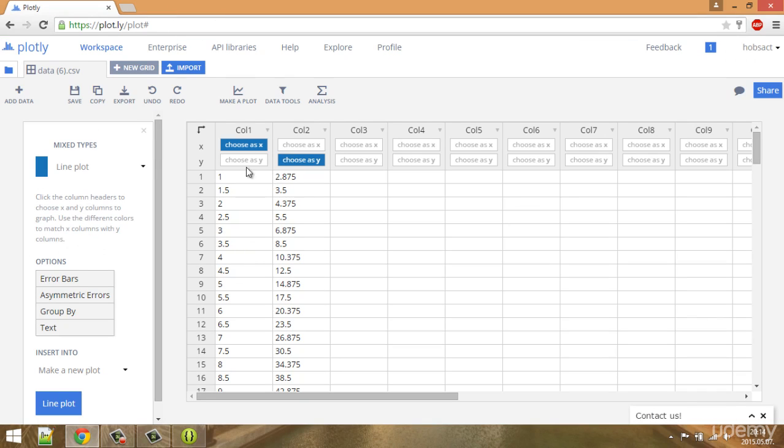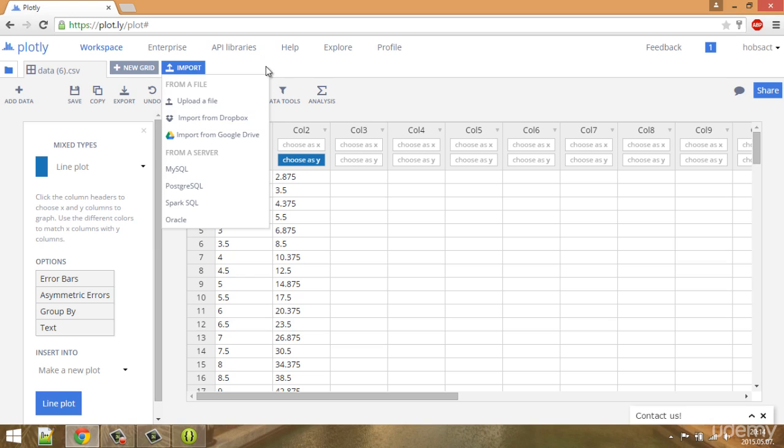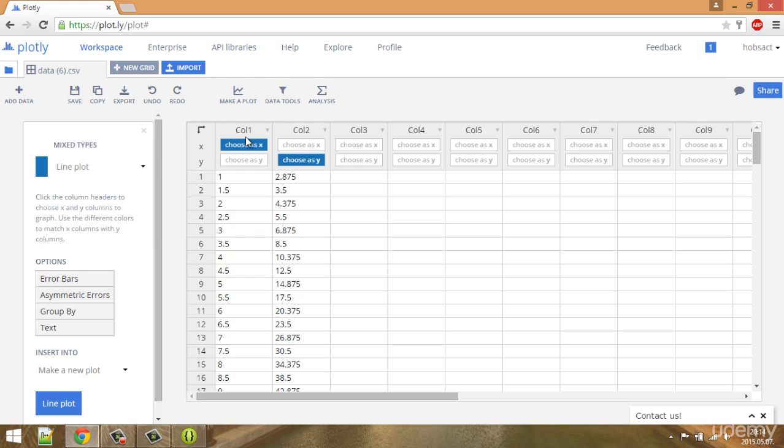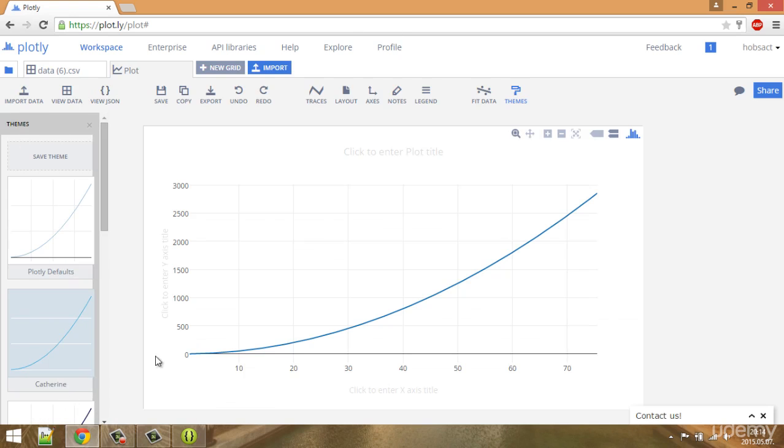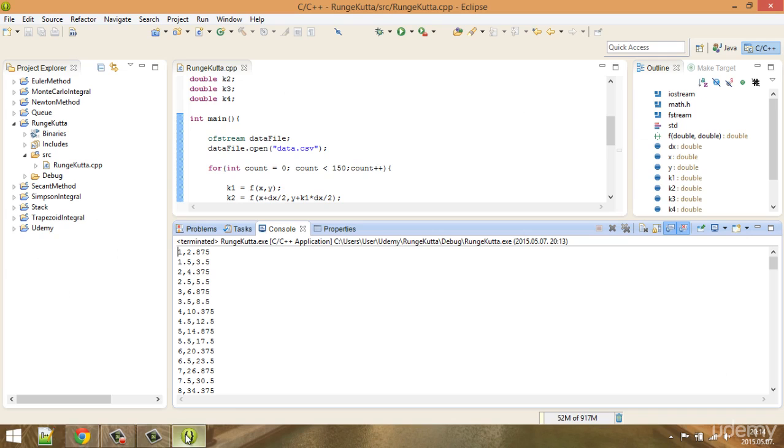We just have to import a file, upload a file. I have to select the file you want to upload, the CSV of course. We have to specify the x-axis, the y-axis, line plot. And yeah, it's going to give us the exponential function we are after.